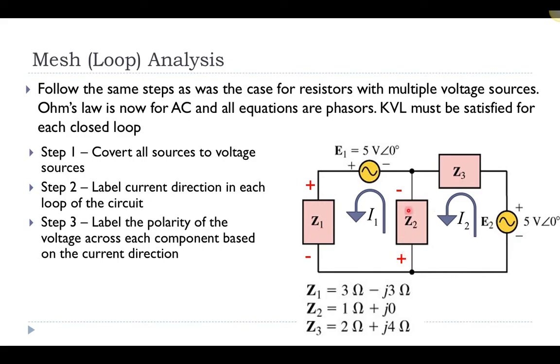When I go across the second impedance value in the direction of the current, I would be plus minus, and then I'm sort of back to where I started. And then I would go around the second loop, and I actually started here. So going in the direction of the second loop, I would have a drop across impedance 2, and then it would rise across the voltage supply, and then I would have another drop across impedance 3.